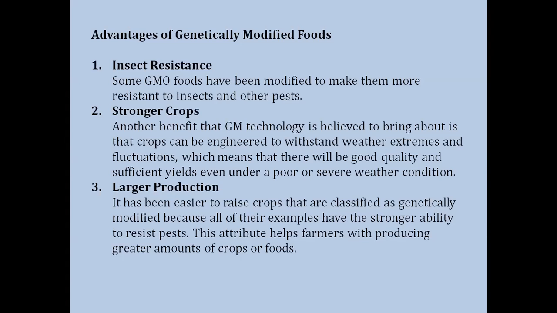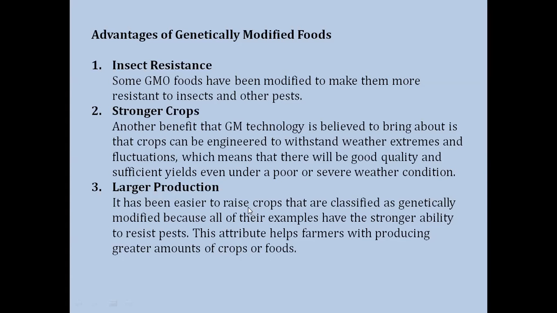Stronger crop means good quality of production despite severe weather conditions. Stronger crop means having the ability to survive in any kind of weather condition with maximum or optimum productivity.